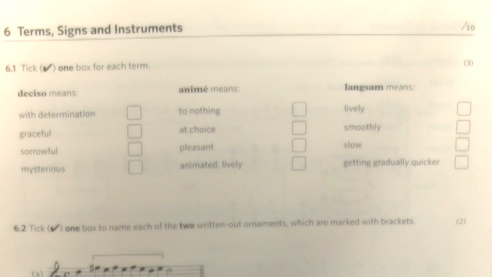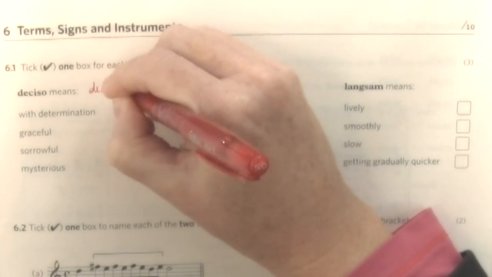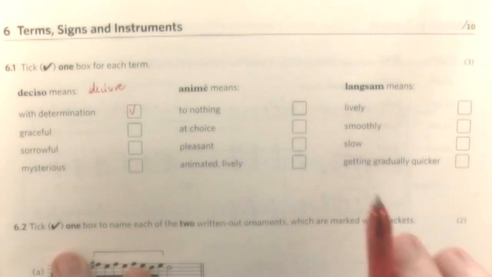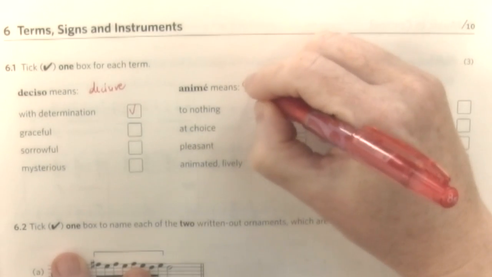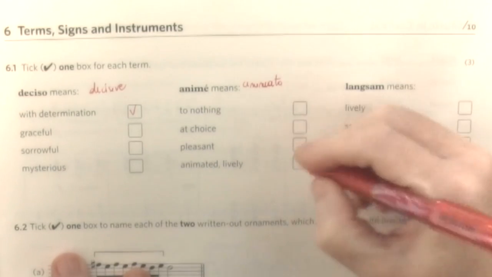Also, because I'm Italian, I help people a lot with the real meaning of the terms. Deciso means decisive, so with determination, decisive in English. And anime means animato, so animated, similar.